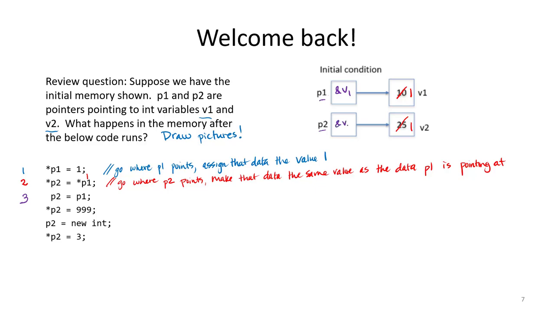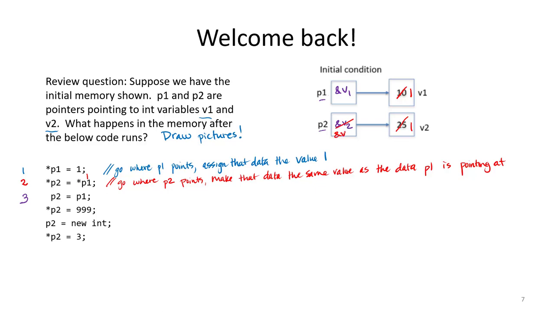P2 is holding the memory address of V2 because P2 is pointing at V2. So if I say to make P2 equal to P1, that means I'm changing the memory address stored in pointer P2.